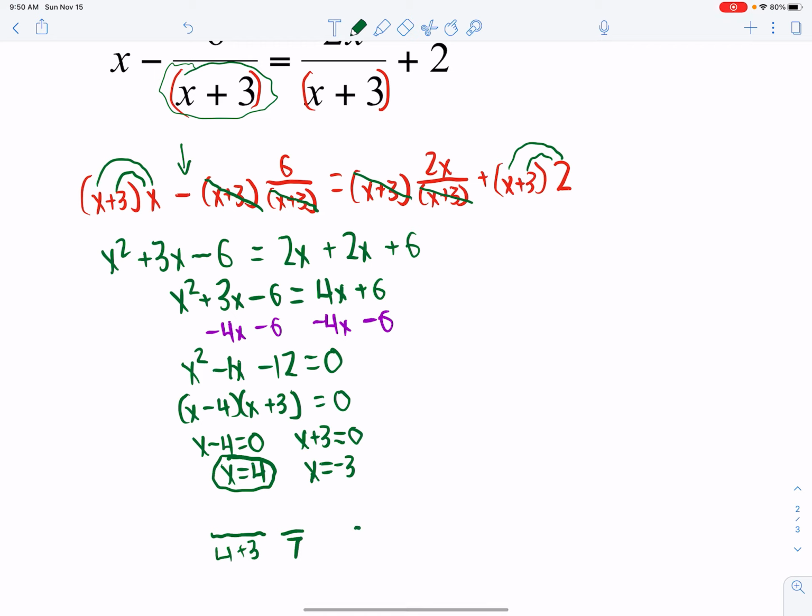If we put in negative 3 for x into the bottom of the fraction, we would have negative 3 plus 3. We get 0 on the bottom of the fraction, and that makes negative 3 a false answer. So I would circle the 4, but put an x through the negative 3. That answer is false. Let's take a look at one more example for this section.